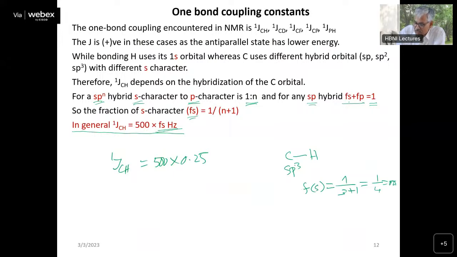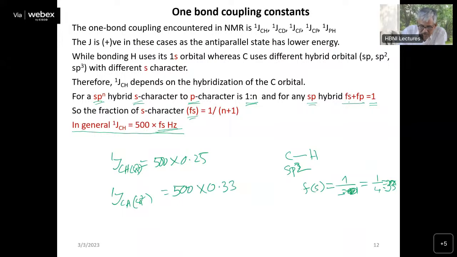If you change it to sp2, this n becomes 2, so fs will become 0.33. So for 1JCH, sp3 is 500 into 0.25, and sp2 is equal to 500 into 0.33.